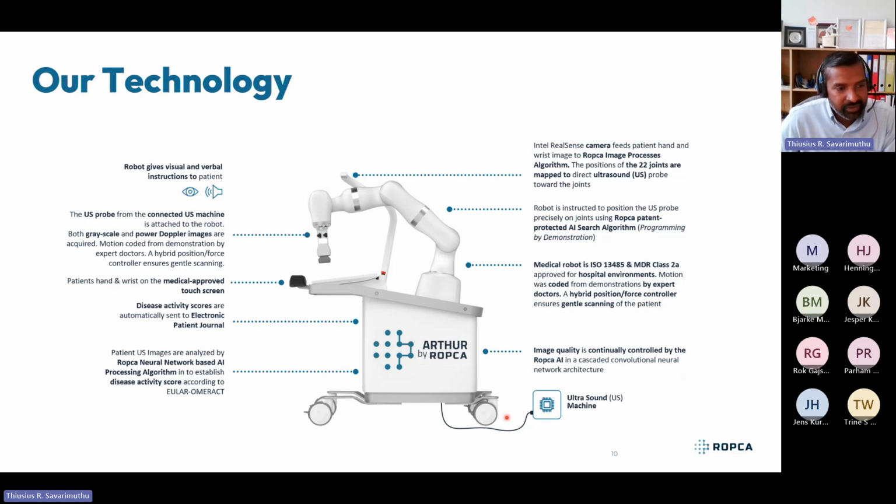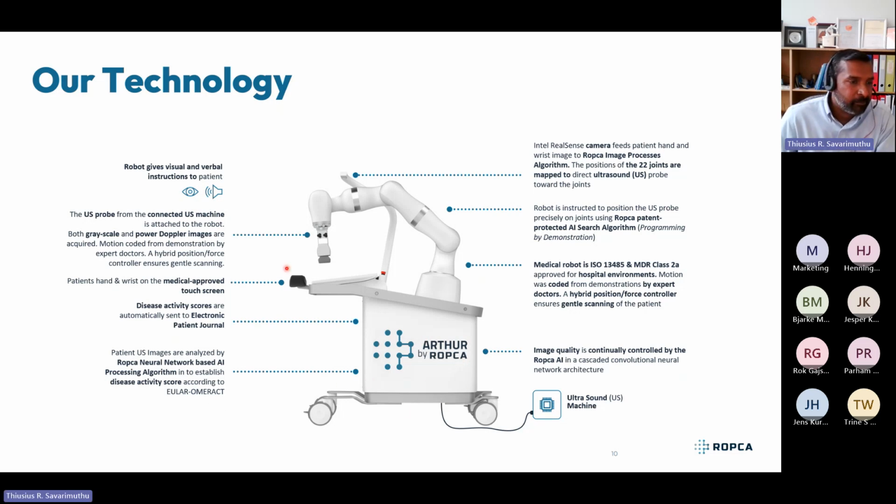We also have audio feedback and instructions built into the system, where we can inform the patients of what is going to happen during the scanning process, which of course is to ensure or at least help with a good user interface and experience for the patients while they're being scanned.